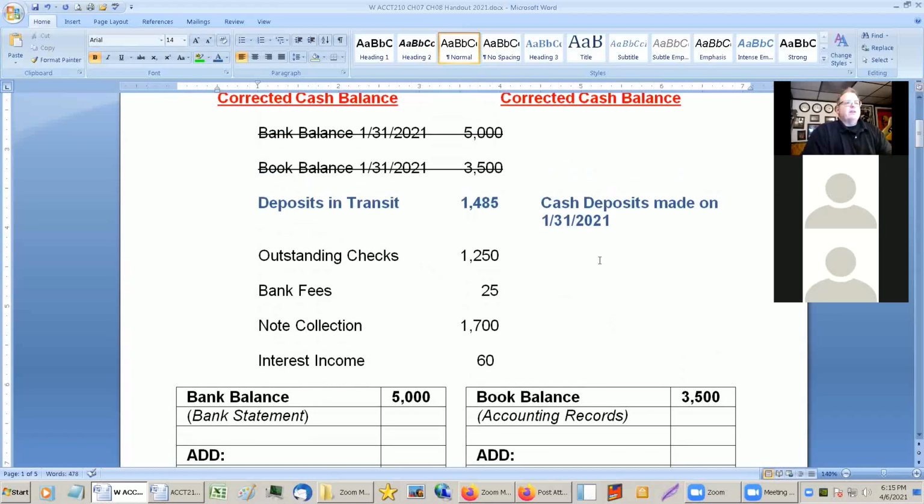Okay, so deposit in transit. These are cash deposits that are made at the end of the month. So whatever the end of the month, it could be on the 30th, but usually the 31st.